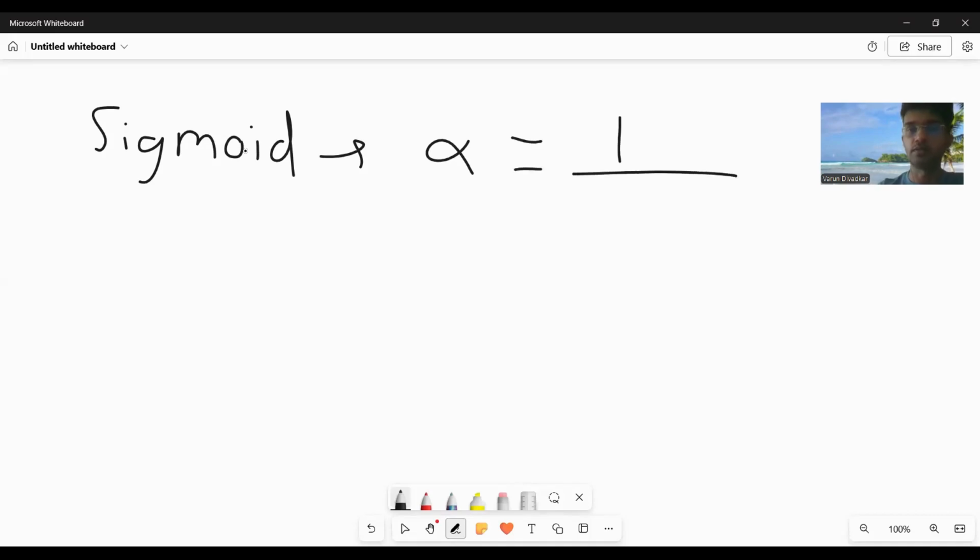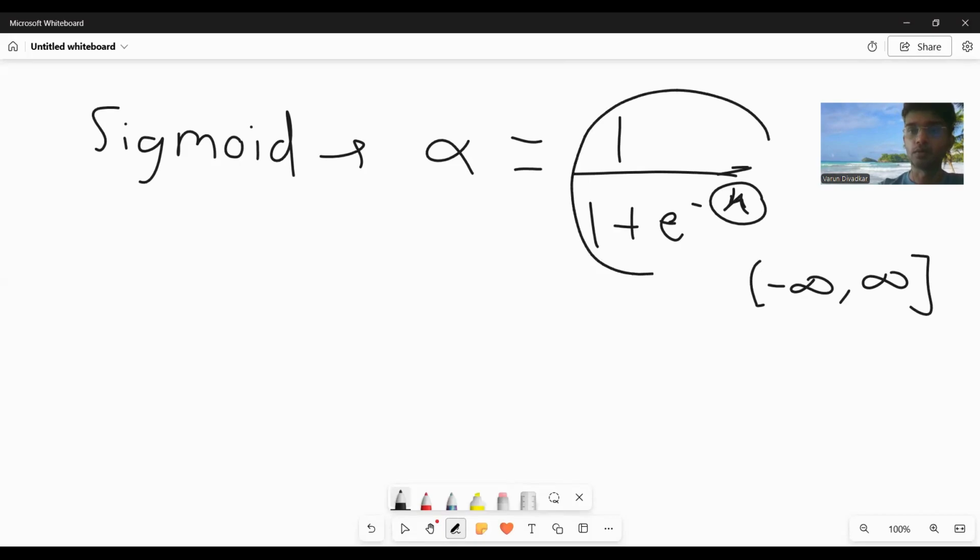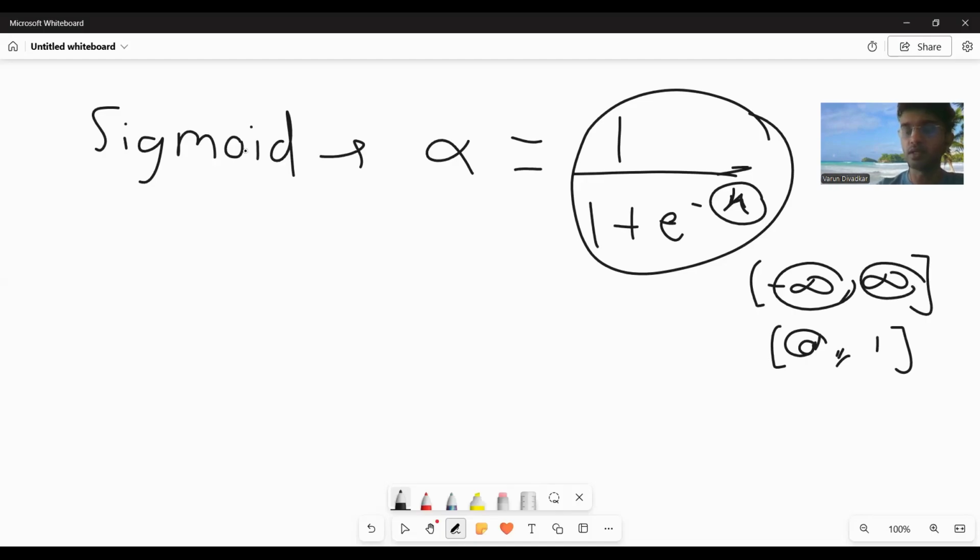It's basically 1 divided by 1 plus e raised to minus x, where x can take any value ranging from minus infinity to plus infinity, but this function is bound by 0 and 1. If x tends to minus infinity, the value is lower bound by 0, and if x tends to plus infinity, the value is upper bound by 1.